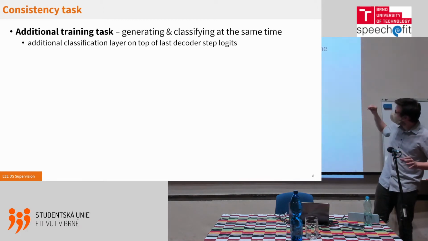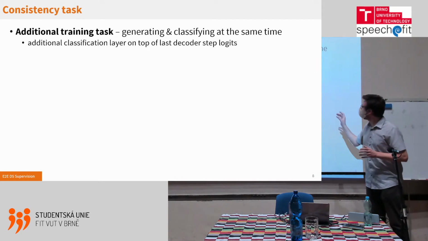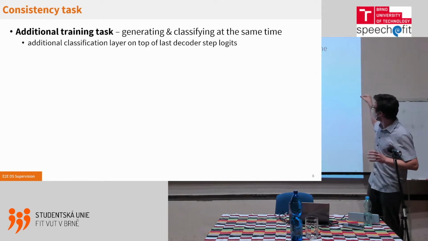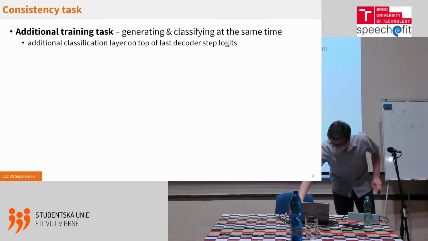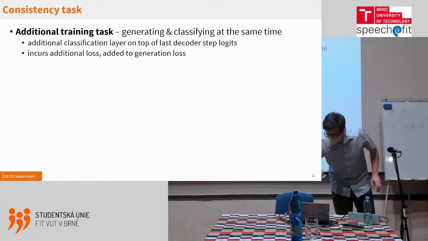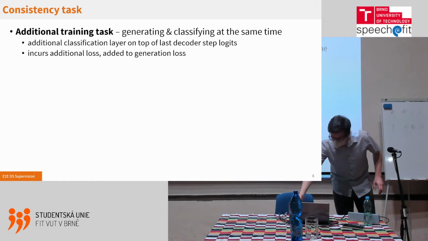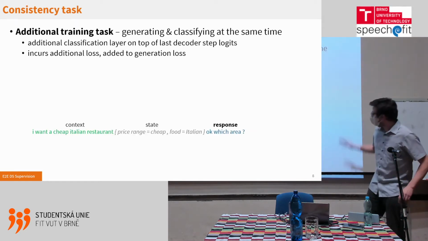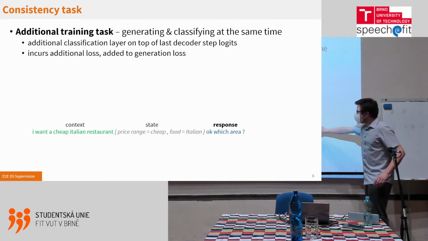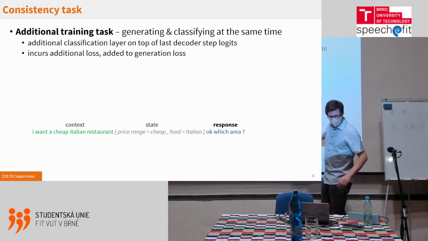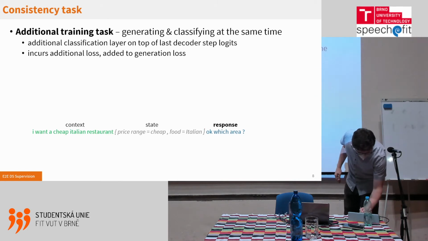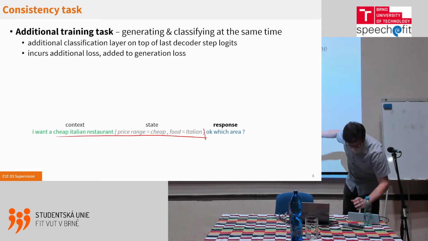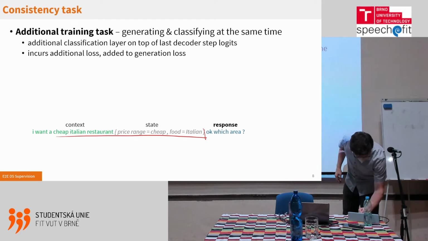We actually added one very simple layer on top of the last word. After the last word is generated, there's one more classification layer that incurs additional loss, and this is added to the generation loss. So if you take the basic setup where you have a GPT-2 generating words, you feed it with all this stuff, and I'm skipping the database here, but don't worry about it, it's just simplified.